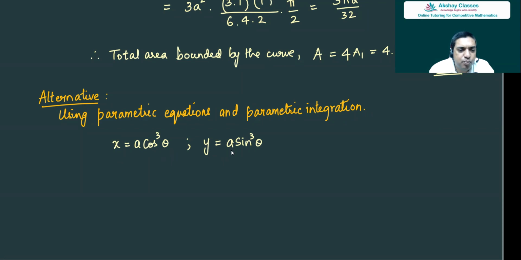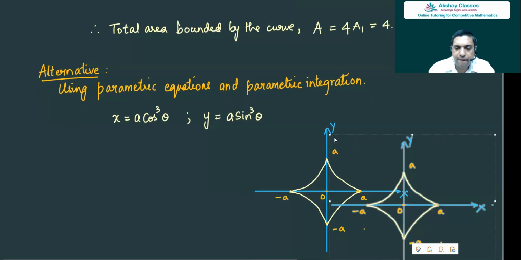And when theta equal to pi by 2, so theta can be treated as the angle, so I'll draw the curve again.